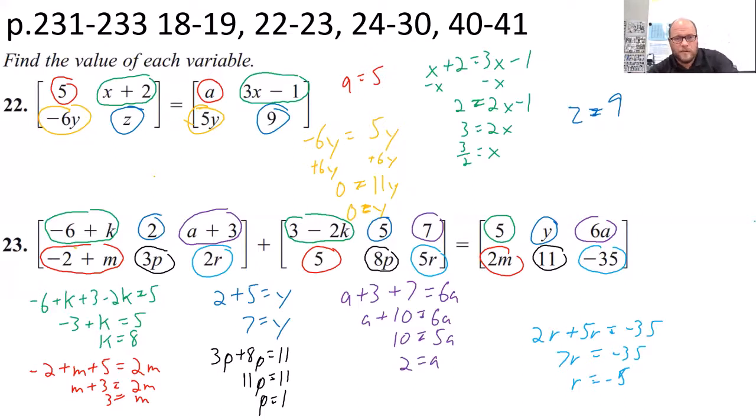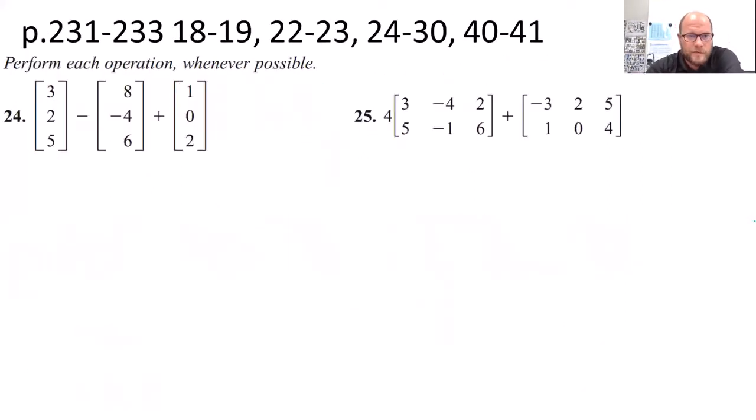Okay, moving right along. On the next set, again, more operations with matrices. On number 24, we have a 3 by 1 matrix that we are subtracting, and then another one that we are adding.